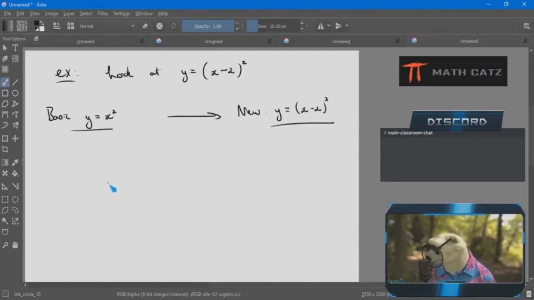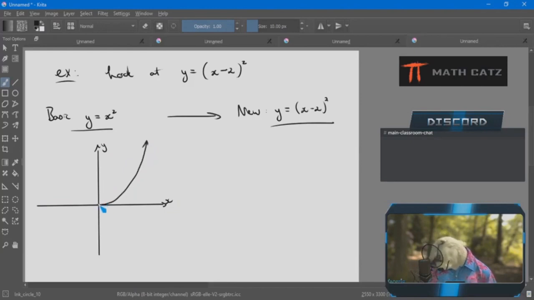So I know what the basic graph looks like. Let's draw it. It's my basic parabola. Whee! That side is so easy to draw. This side, so much harder. That's good enough. I have my vertex here. Maybe I want to keep track of another point, maybe 1, 1. That should be good enough.